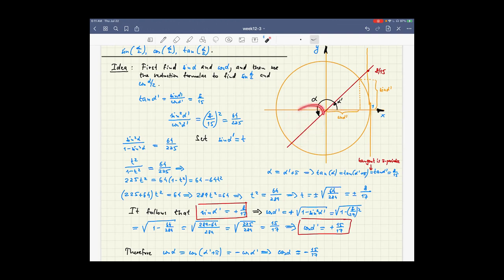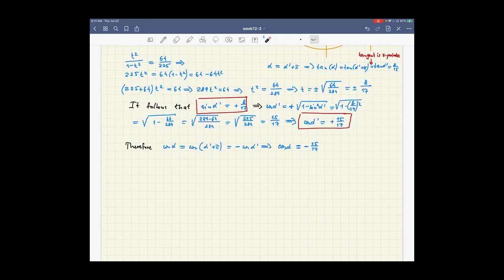Cosine and sine are expected to be negative. Now we can do the same thing with sine alpha. That's sine of alpha prime plus pi. And of course, that's negative sine alpha prime. So sine alpha is negative 8 over 17.